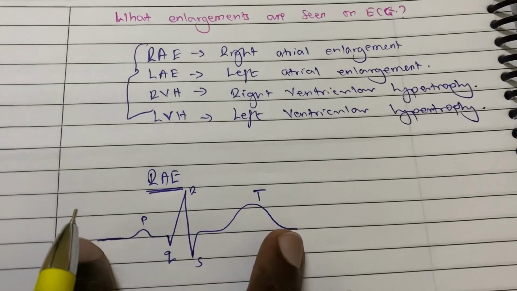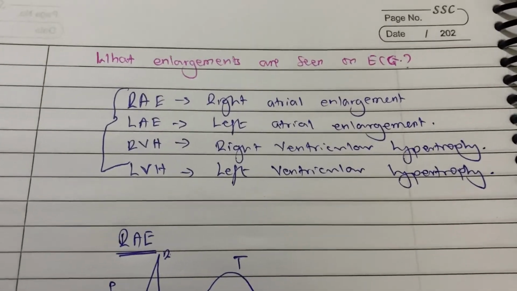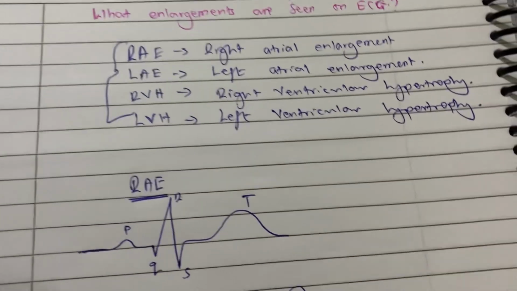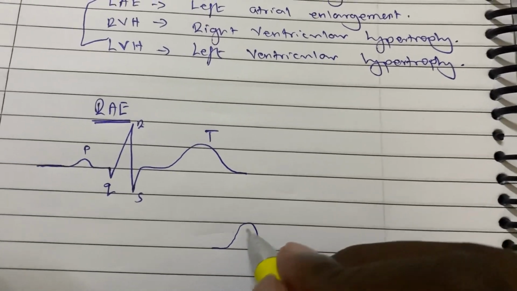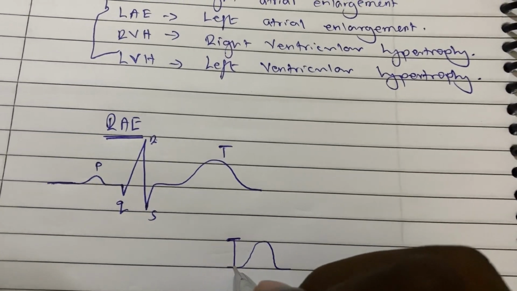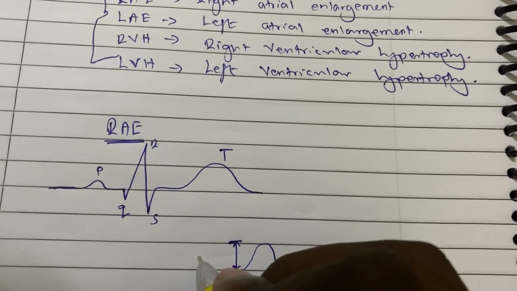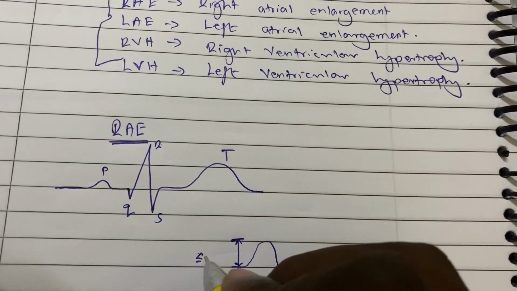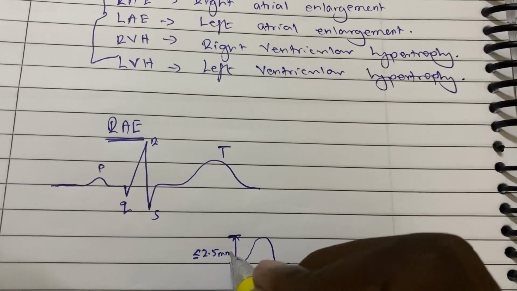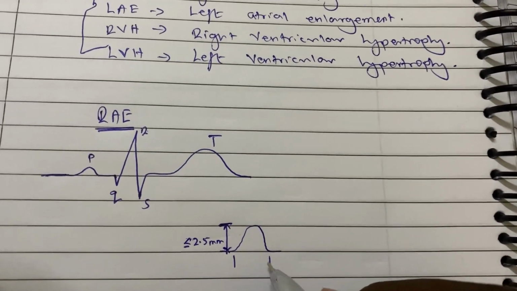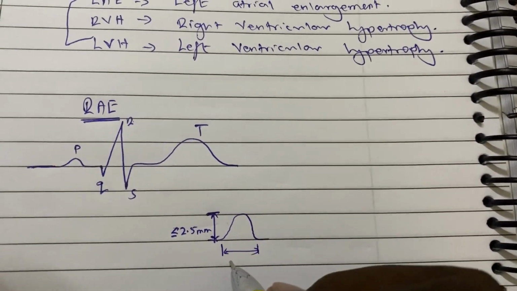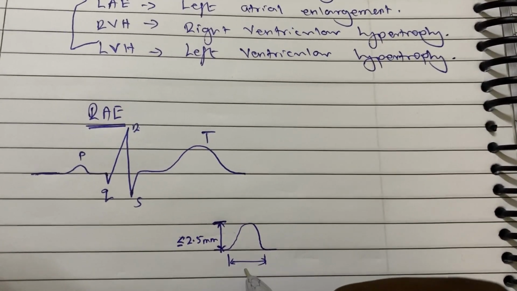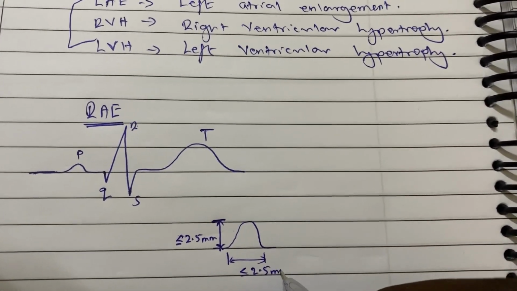We said the normal P wave should be rounded. It has this dimension, which should be less than or equal to 2.5 millimeters, and it has this dimension, which should also be less than or equal to 2.5 millimeters.